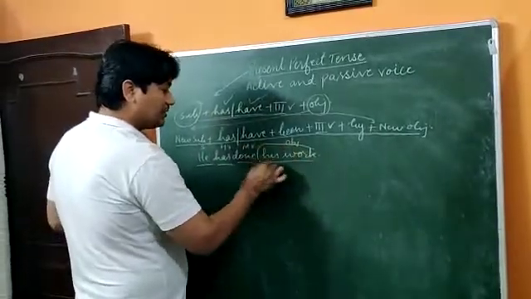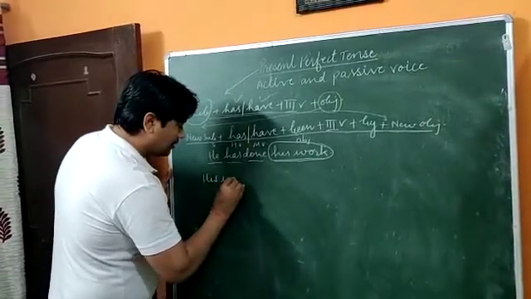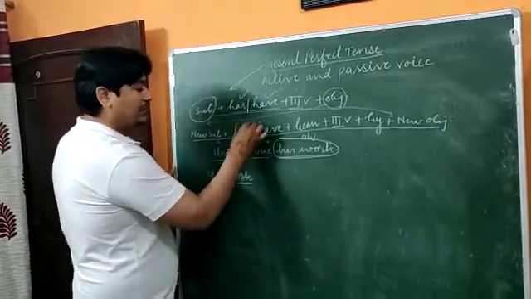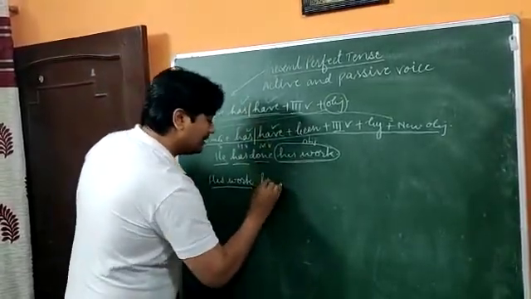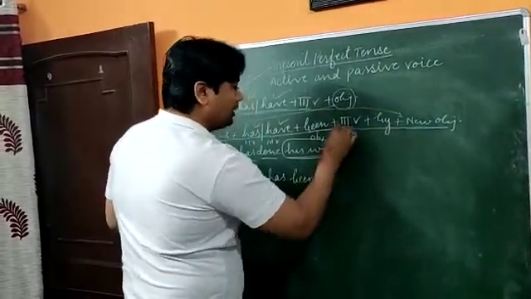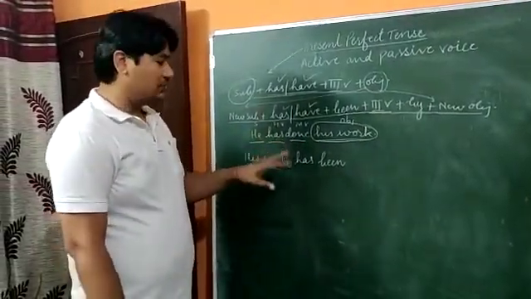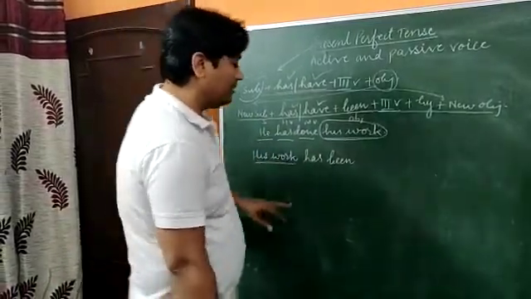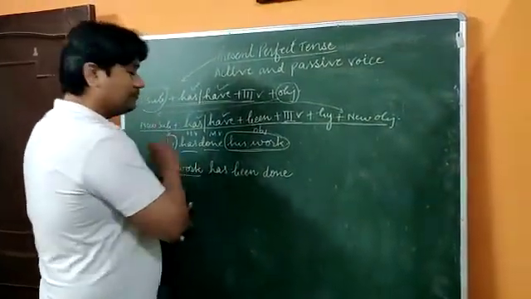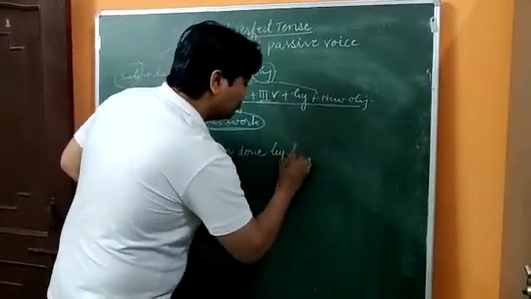So the object is his work, it will become new subject, his work. According to his work we are to use has or have. What will come? Has, definitely has, then been, then third form of verb. Already it is given. In all perfect tense you will find third form of verb. So his work has been done. Now this subject will become new object. Before that we have to use by, and he will change into him.